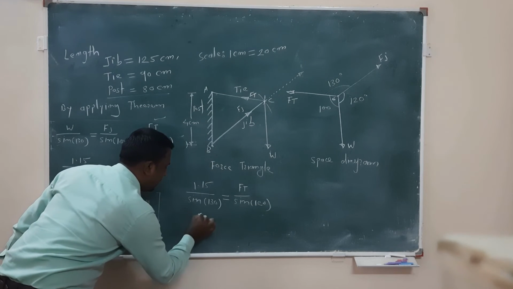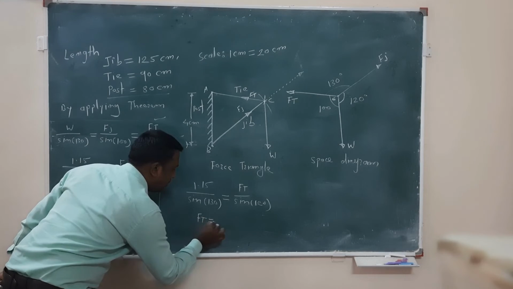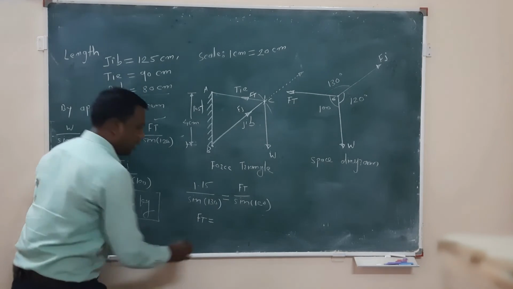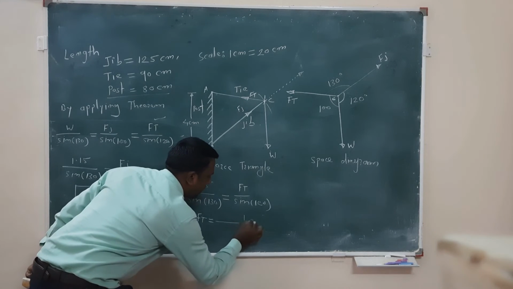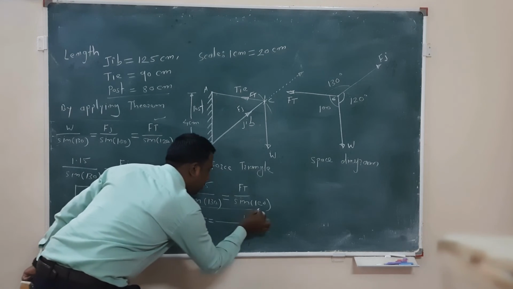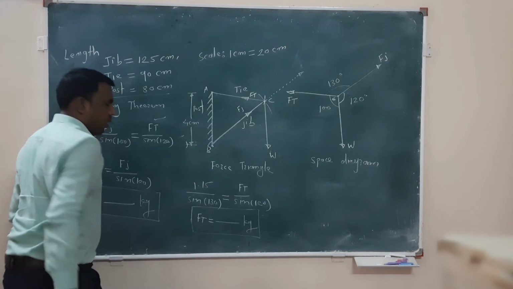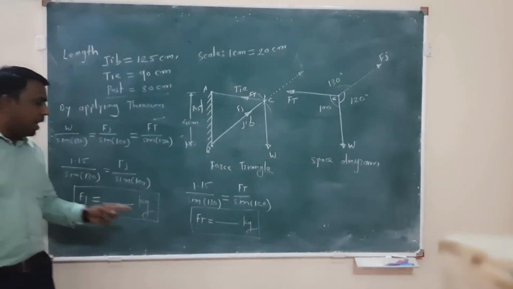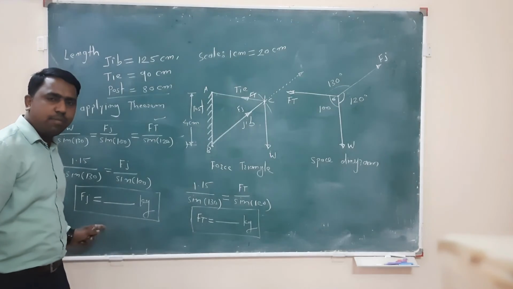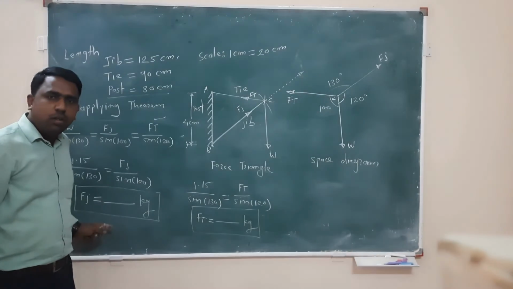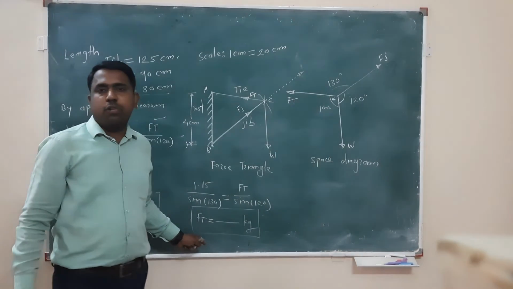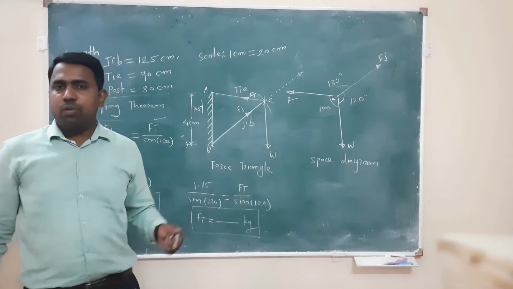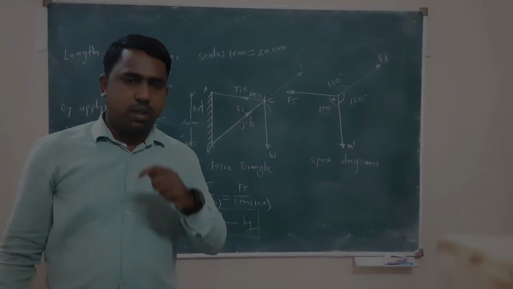So Ft is given as 1.15 divided by sine 130 into sine of 120. Here your Ft value will come out. So in this way you have to find the values of Fj and Ft. This is our theoretical Fj, the force in the jib, and Ft is the force in the tie. In this way we find the forces in the jib and tie theoretically.